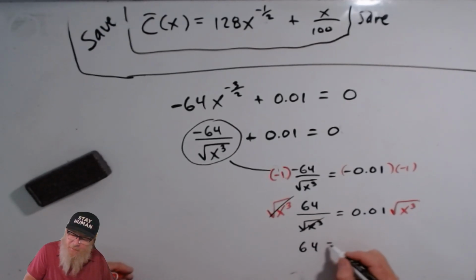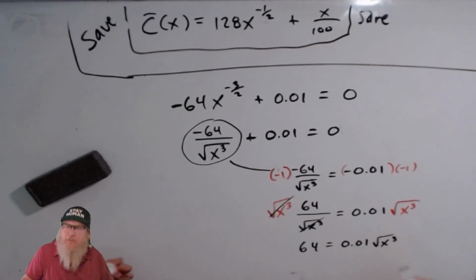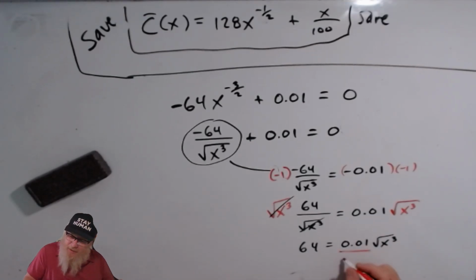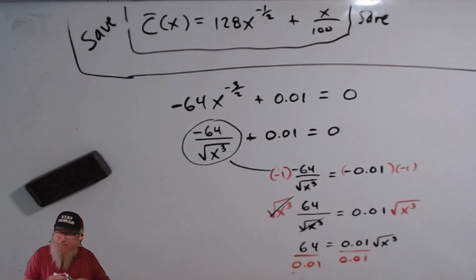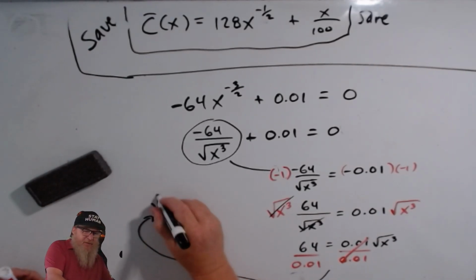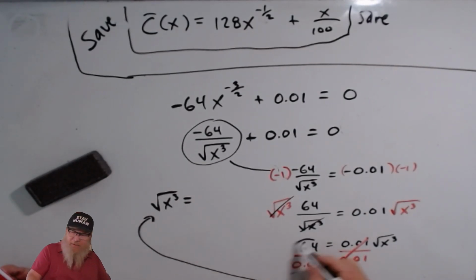So we'll have 64 equals 0.01 times the square root of x cubed. Let's divide both sides by 1 cent. So we've got the square root of x cubed is equal to whatever this is.